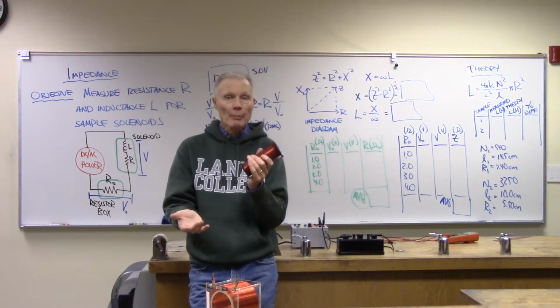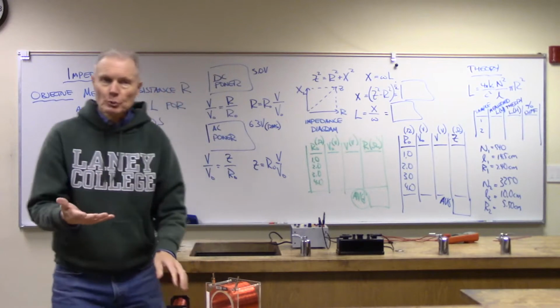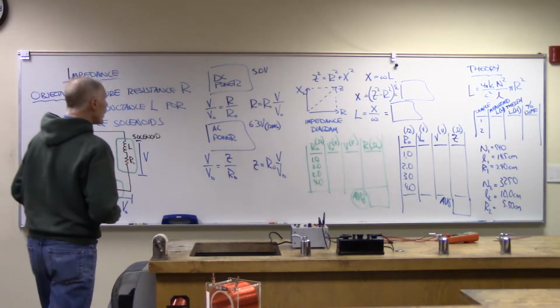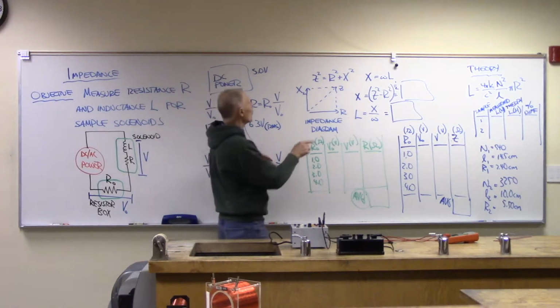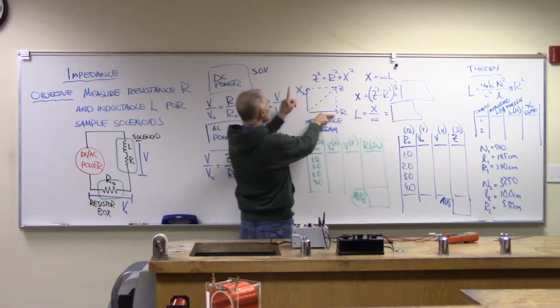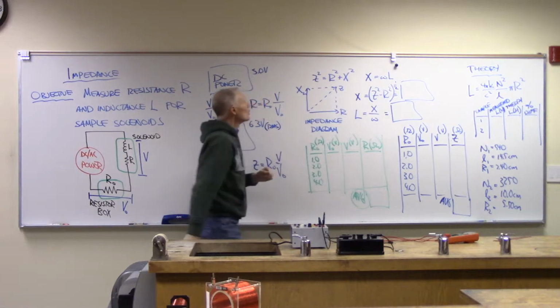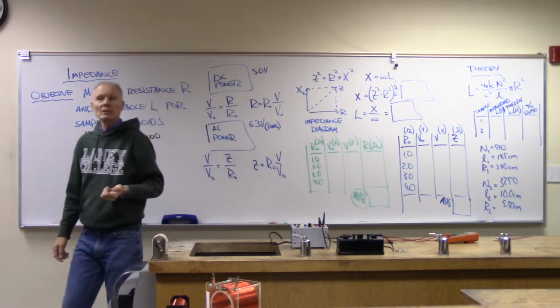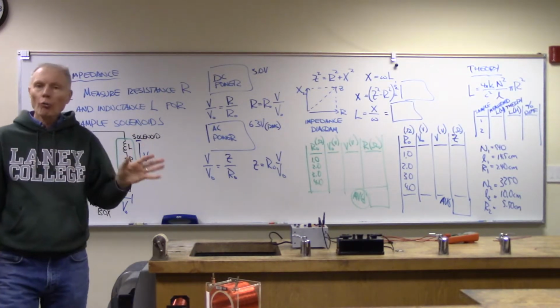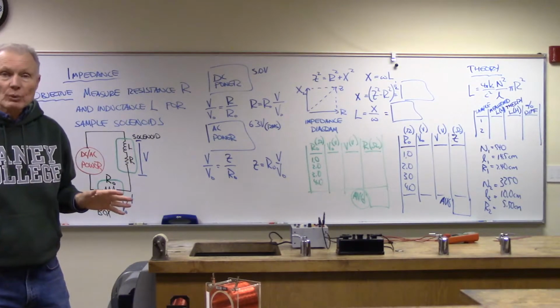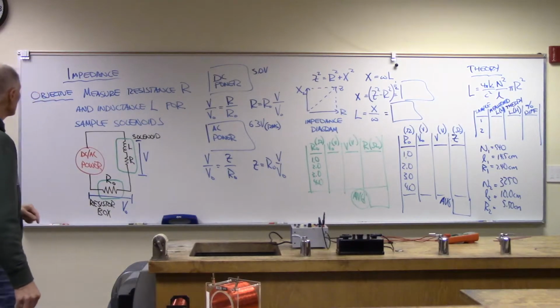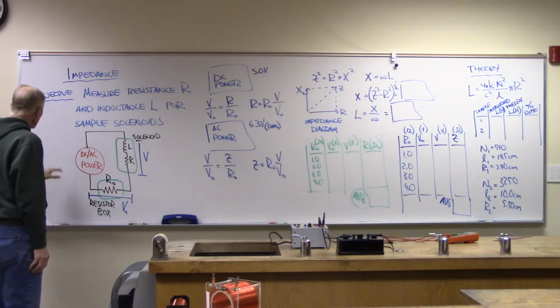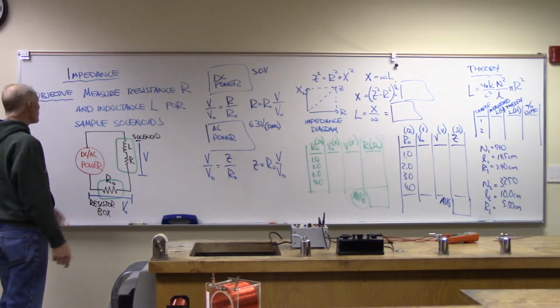They have both properties, so I've got to treat them as a combination of both. For a solenoid, it's going to have some resistance and some reactance, and the combination of those, using Pythagoras' theorem, will tell me the overall impedance that device has.